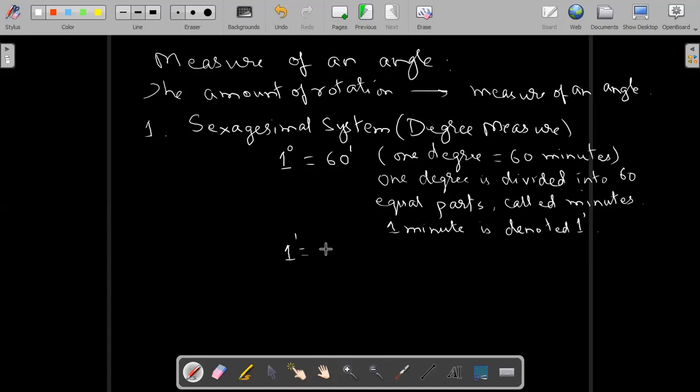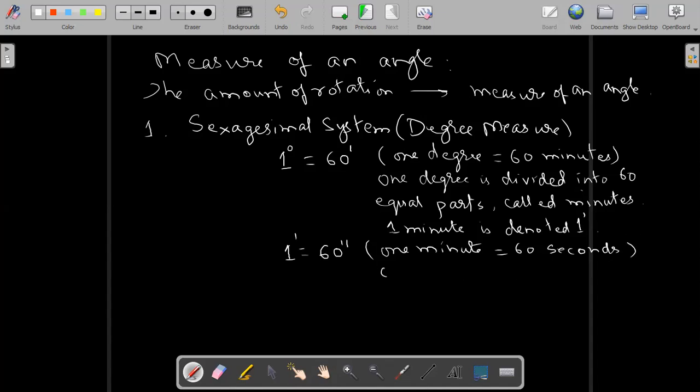So 1 minute is equal to 60 seconds. 1 minute is divided into 60 equal parts.